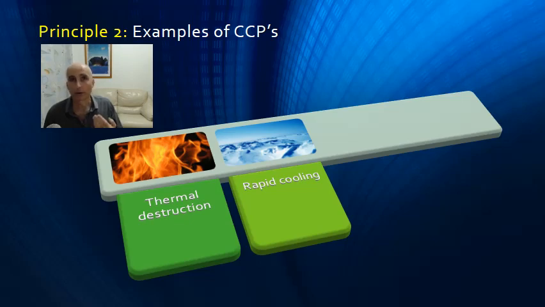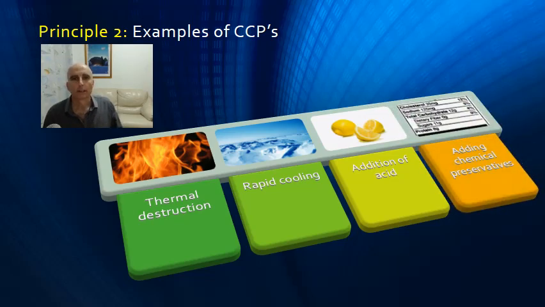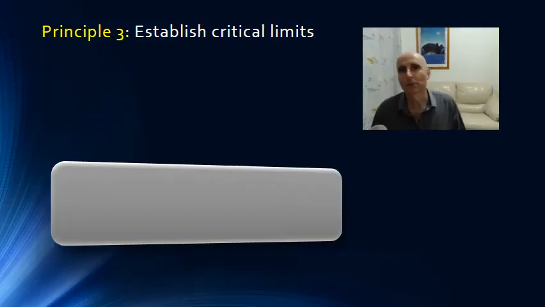Remember the 4-hour, 2-hour rule, defrosting, and bringing the food through the danger zone very quickly. The next is the addition of acid, and what this can do is reduce the pH level, which prevents microbe growth. And finally, in some products, they can add a chemical preservative, which will allow it to last longer. That was principle 2.